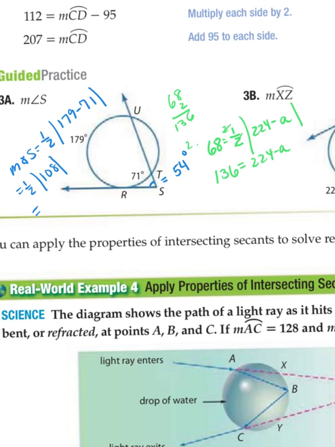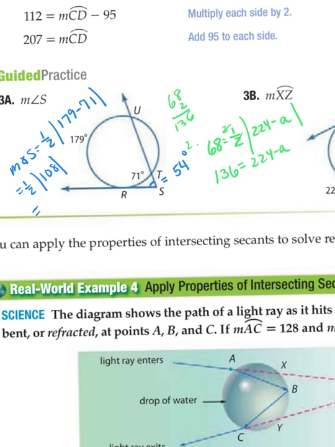Now, subtract your 224 and 136 there. When I do scrap work and I do it over to the side, I try to do it neatly and I save it so that if my teacher needs to see what I'm doing, he or she might be able to find it, and there may be some partial credit that we can get in there.